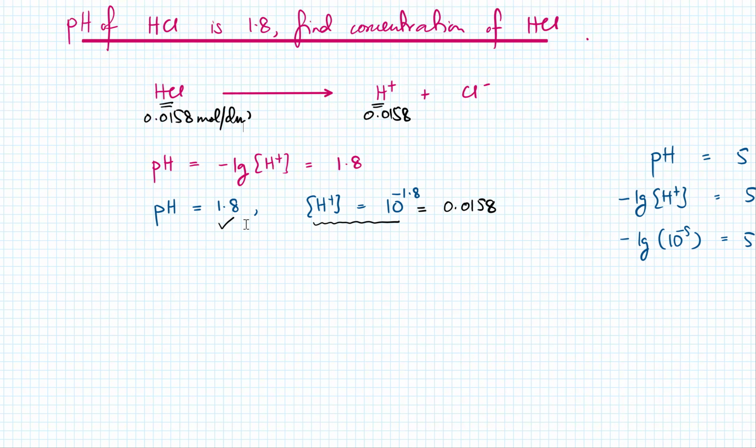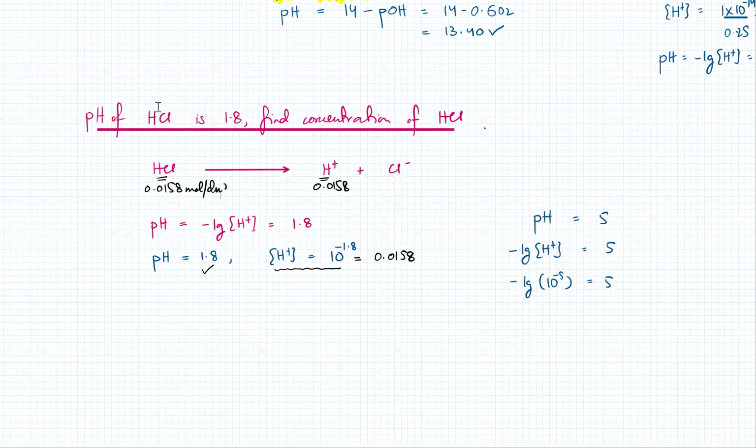Yes, sir. Okay, so just remember that if you have pH, immediately you can figure out what the H plus concentration is. That's going to be 10 power minus 1.8. You know the H plus 1 concentration. It's a strong acid, so HCl concentration would be exactly the same. Is this clear? Yes, sir.